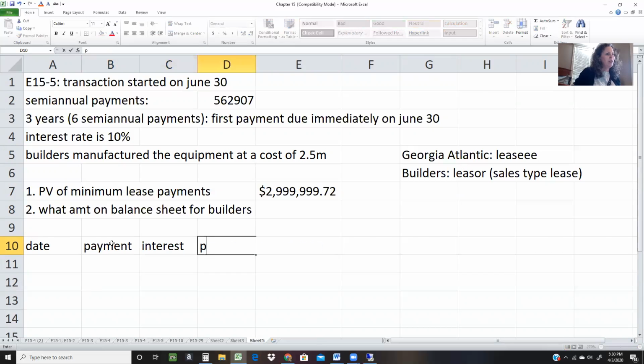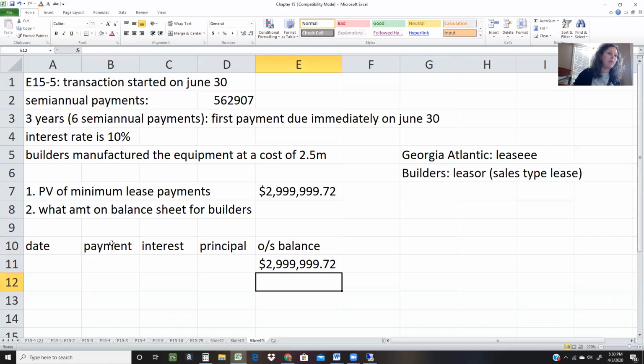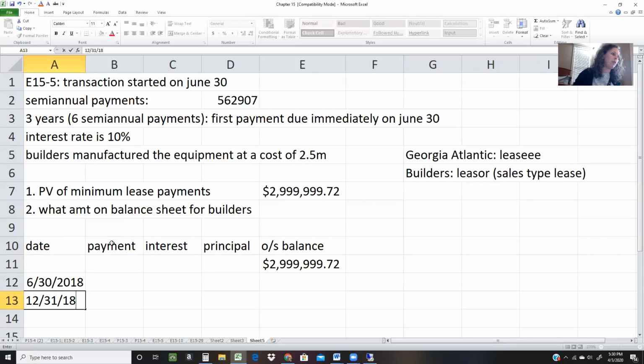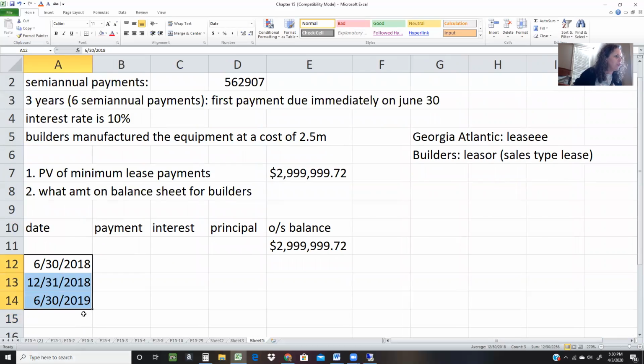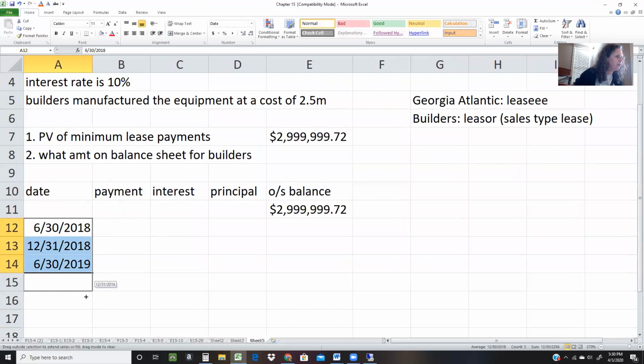So when I start this, I'm going to start it at the present value of the minimum lease payments. The first payment is due immediately on 6/30 of 18, and then 12/31/18, and then 6/30/19, and so on. So I need 3 more.